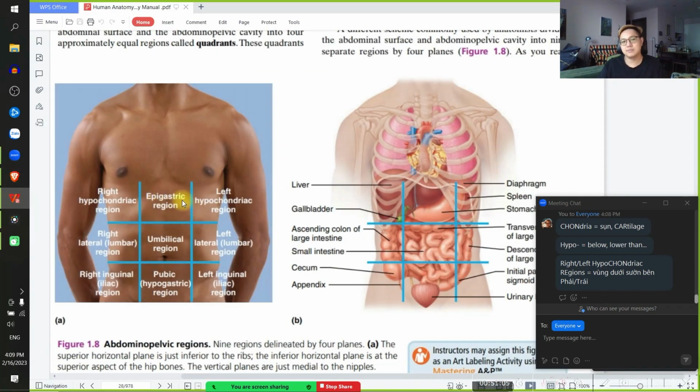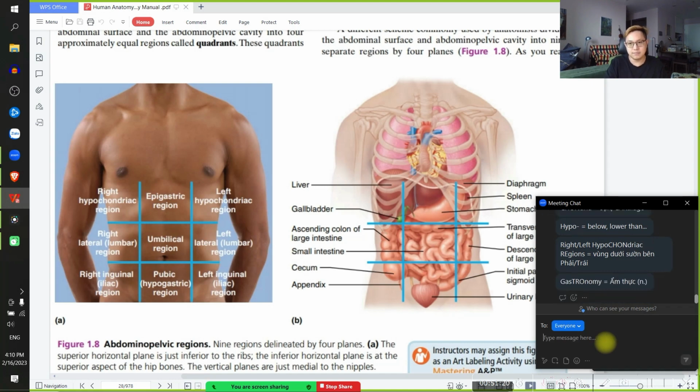So epigastric region, gastro. You know the word gastronomy, right? Gastronomy, ẩm thực. But gastro also means the whole belly.